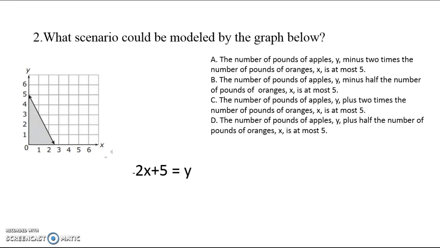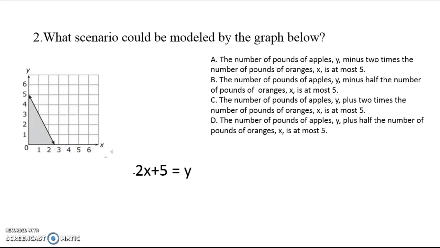Our answer is definitely C. I knew that y was 5, so I put 5 as our y-intercept, and then I added plus 2x because, as I see from the graph, it's like multiplying by 2.